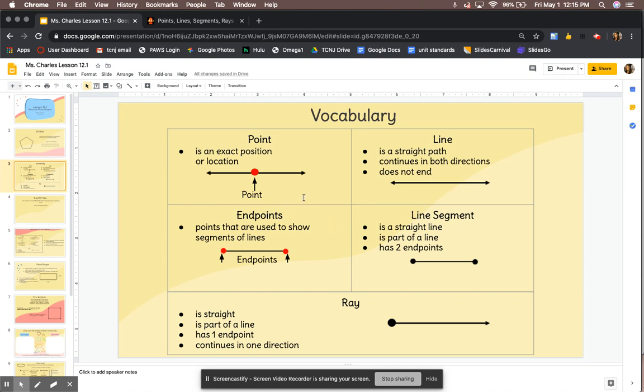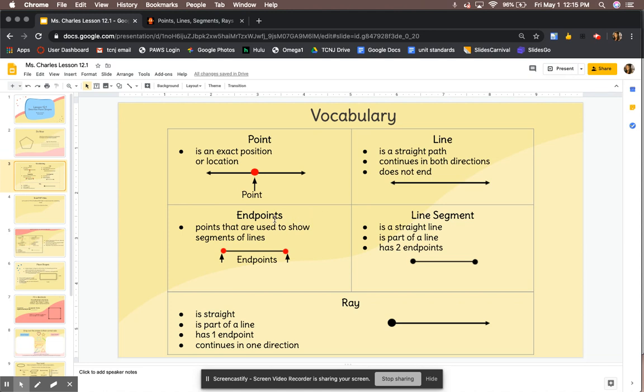Next, we have endpoints. These are points that are used to show segments of a line. These little red dots are the endpoints. Next, we have line segment. This is a straight line. It's a part of a line and it has two endpoints. So these little dots are the endpoints like we saw over here.